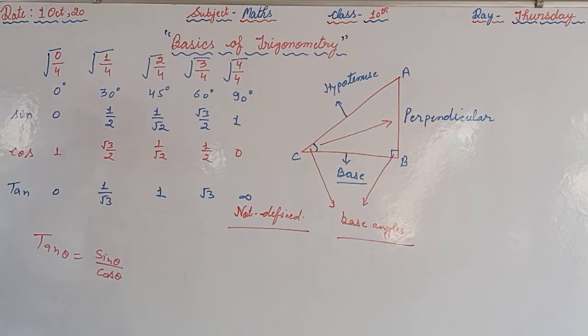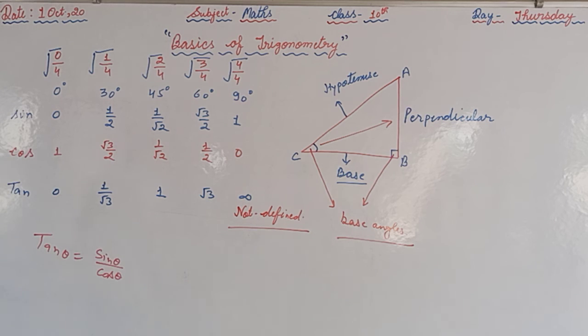So this is the table we are supposed to keep in mind. Suppose we want the value of sine 30 degree, it is 1 upon 2. If we want cosec 30, it is the reciprocal of sine 30, so cosec 30 will be 2, and cosec 45 will be root 2, since sine 45 is 1 upon root 2.